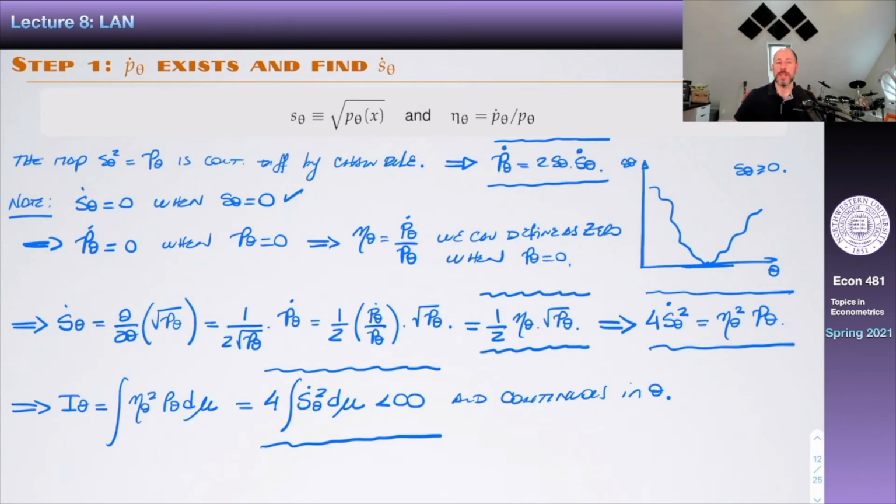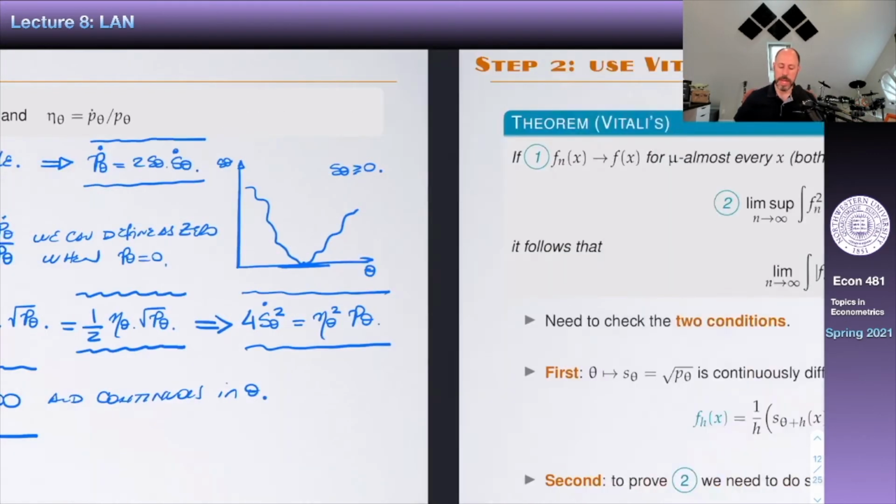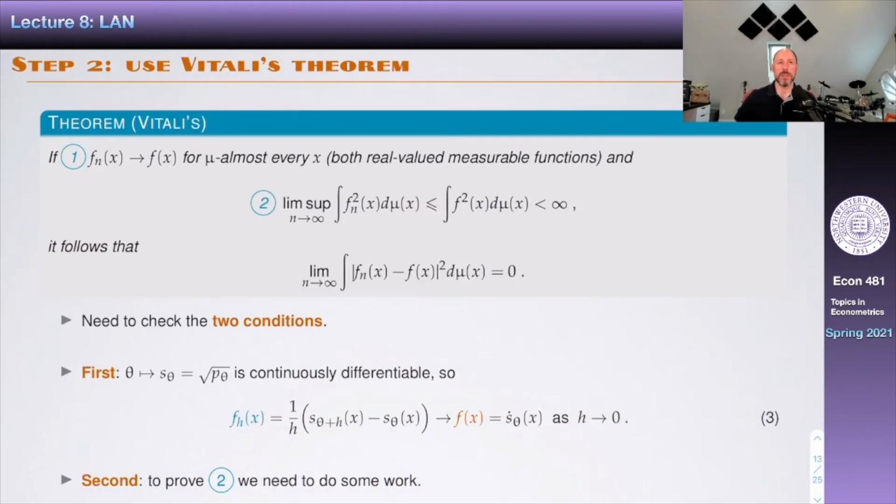Second part of the proof, as I said, involves arguing that certain integrals converge. So let's do that. To do that, we're going to invoke a theorem known as Vitali's theorem, and it says the following. You have two conditions. The first condition is that you have a sequence of functions that converge to f for mu almost every x. And you have that the lim sup of the integral of the square of the sequence is bounded by the integral of the square of the limiting function, which is also assumed to be finite.